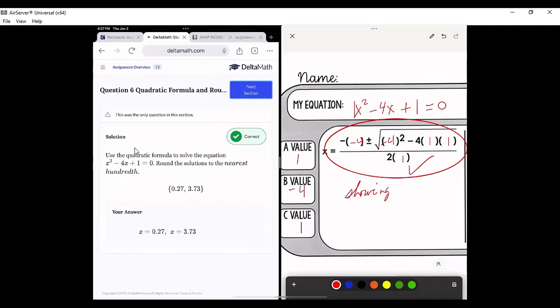So that's it, guys. Remember, you have to use the quadratic formula. Anytime you're in the constructed response, you have a quadratic and they ask you to show your work, you're going to do this quadratic piece: the A, B, and C, plug them in, and then we can use the calculator. Either way you want to do it, storing or graphing, and that's it. So let me stop and post this.